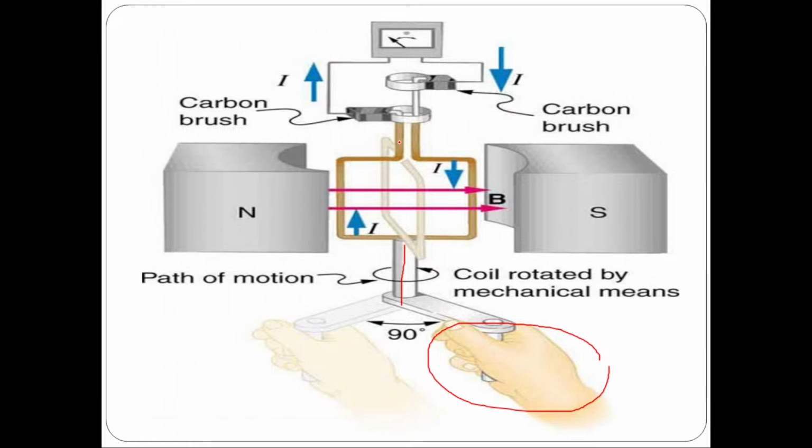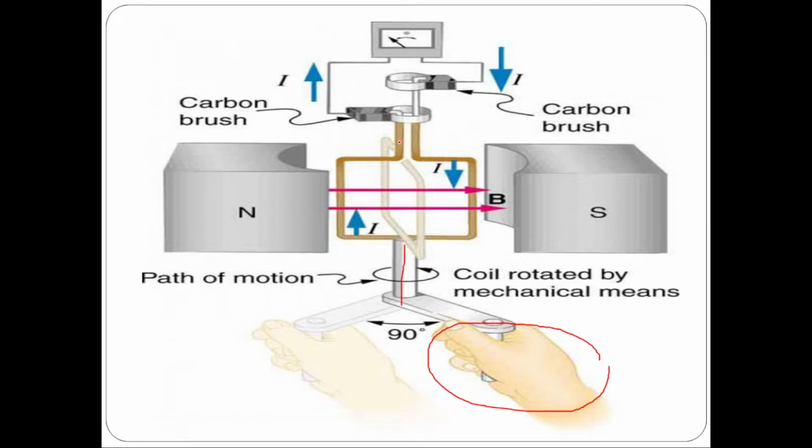If the coil is rotated, here just for example with a hand, mechanical work is done. So when the coil is rotated, voltage is induced, and because of the induced voltage, if the coils are forming a closed path, current flows through the coil.